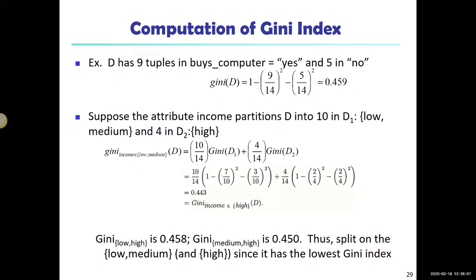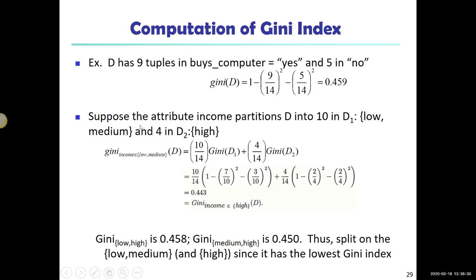Okay, so we have an example here to see how to use the Gini index to make two-way splits. Still using our buying computer example, yes and no. So we start with the Gini index for the entire data set, which is this much, from the class distribution for the yes class and no class.